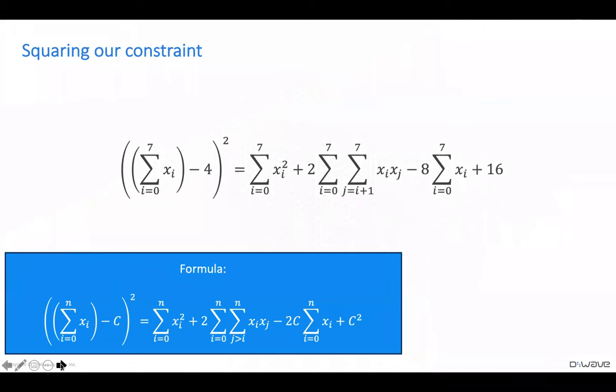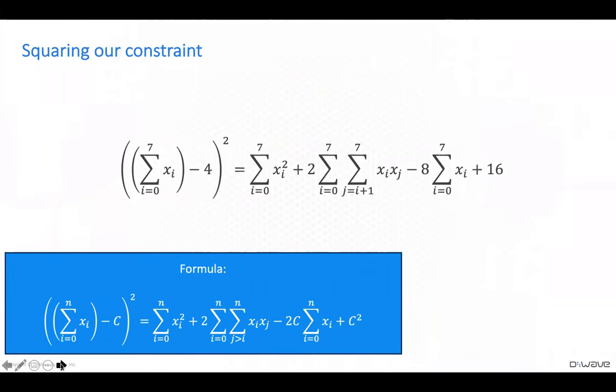First, you see a sum over x_i squared, sum from 0 to 7. And that, as we talked about earlier, is just going to reduce to x, since in QUBO, x squared equals x. The next is the cross terms, those couplers, x_i x_j, and you sum.